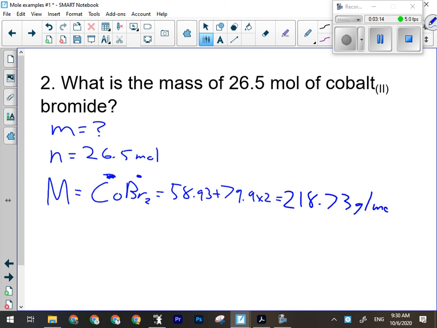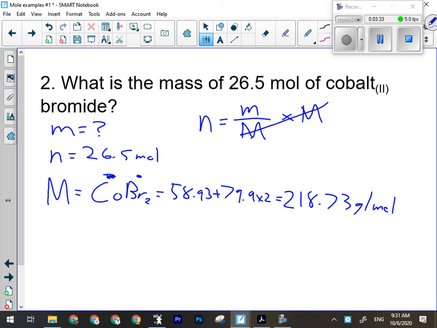grams per mole. Now I know the mass of 1 mole, I know the number of moles, and I'm looking for the mass. The mole equation says number of moles equals mass divided by molar mass. I want to get mass by itself, so what do I have to do with molar mass? Multiply both sides by it, right?